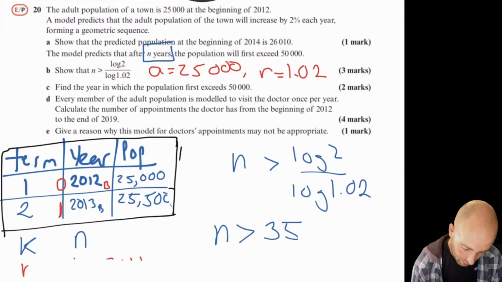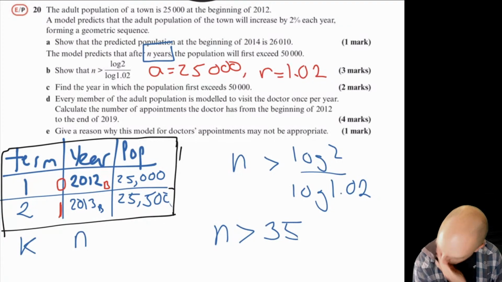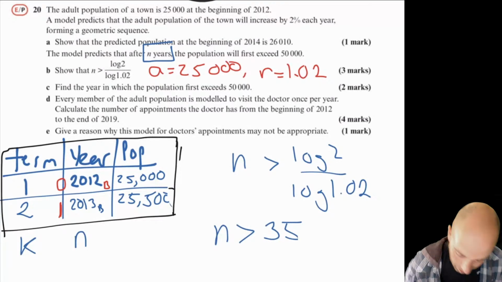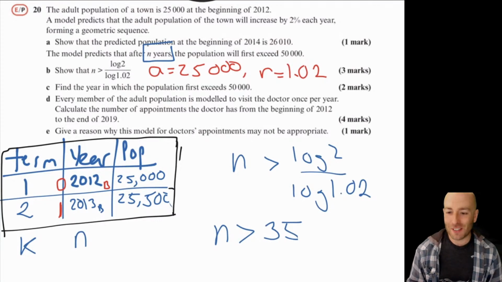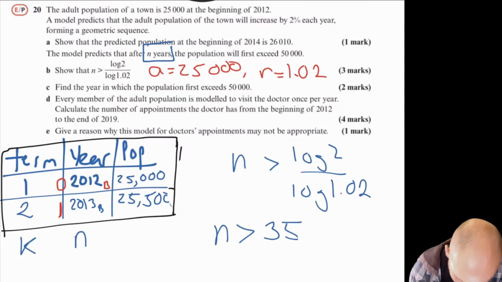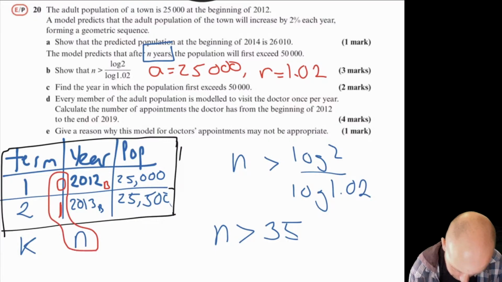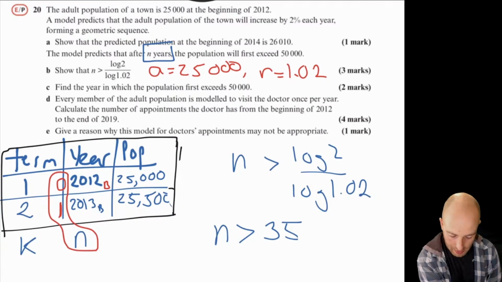Yeah, okay, that's not going to make much sense. I've made this confusing. Sorry, guys. Okay, all right. N here was my value there. So it's after how many years?